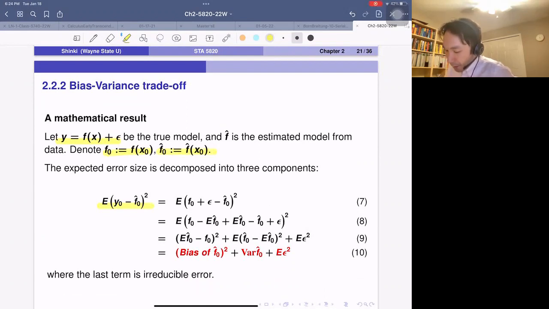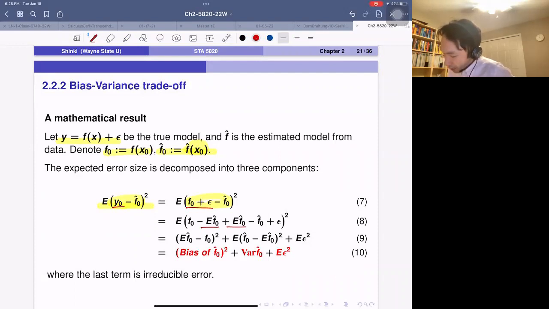Then f hat of x0 is our estimate, but we can decompose this. At first, y0 is equal to f0 plus epsilon. Then further, we add the expectation of f0 hat and subtract the expectation of f0 hat.